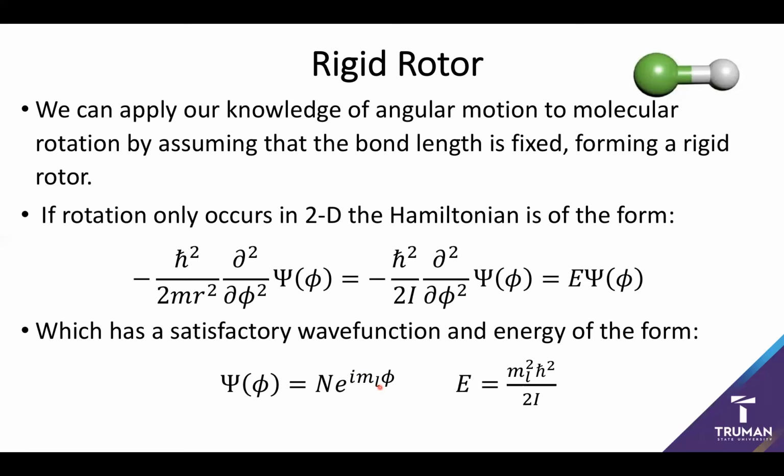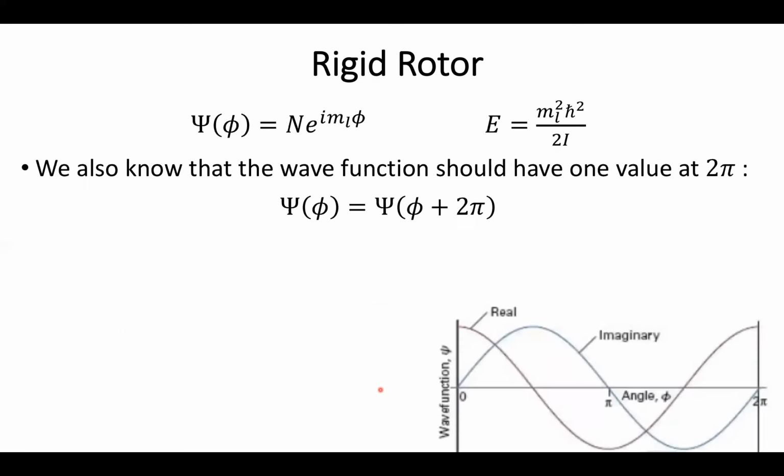Boundary conditions for a rotating system are going to be a little bit different. Here, our only major constraint is that the function is going to be equal at phi as it is at phi plus 2 pi.